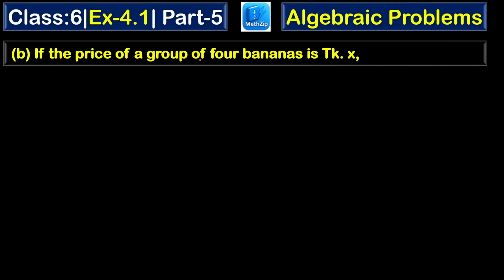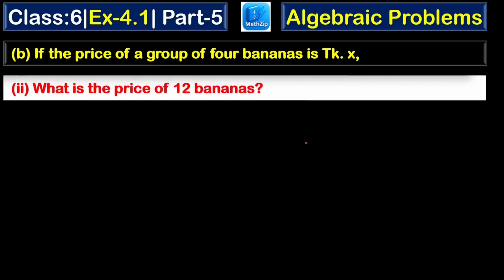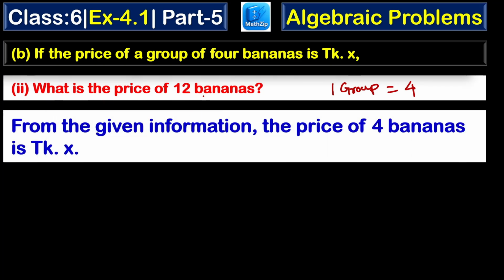If the price of a group of 4 bananas is X, a group means 1 group equals 4 bananas, right? So what is the price of 12 bananas?